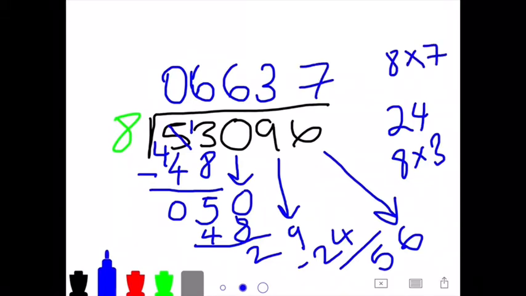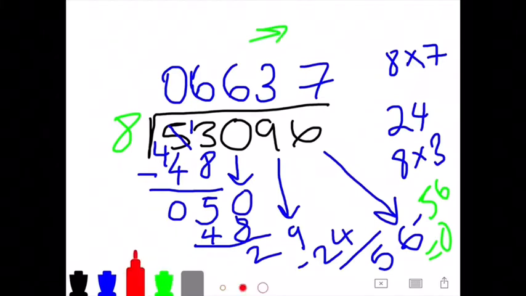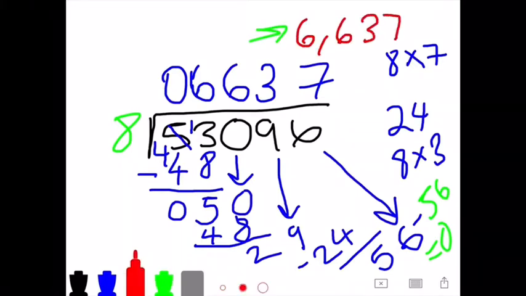You put the 7 on top, and then you subtract 56 minus 56, which is 0. Okay, so therefore our final and ultimate answer is 6,637.